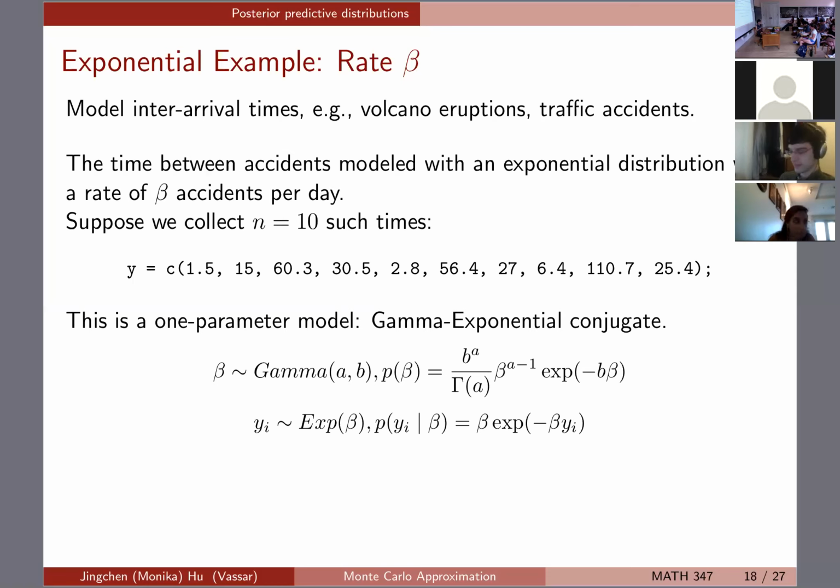And I would like to ask you to try to derive what the posterior will be. And after this, I'm going to introduce more about this gamma distribution. So right now, take it for what you know. Beta, which is the rate, is gamma(a, b). The density of beta is in this form, or in this form. And then down here, I wrote the y.